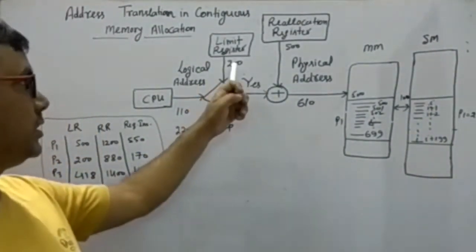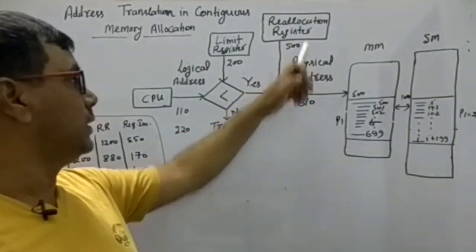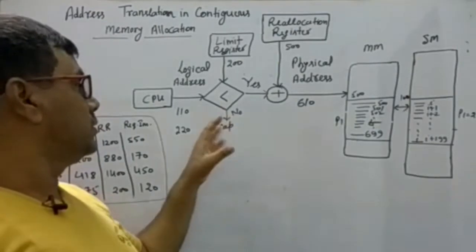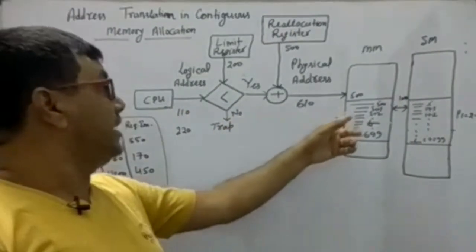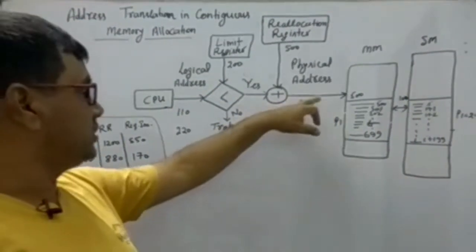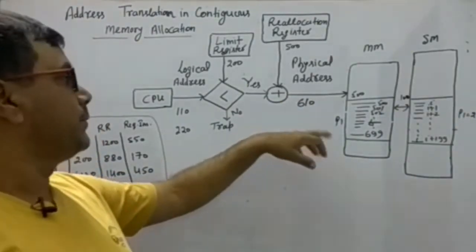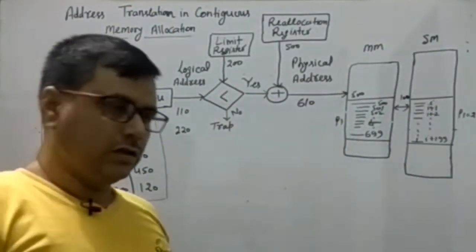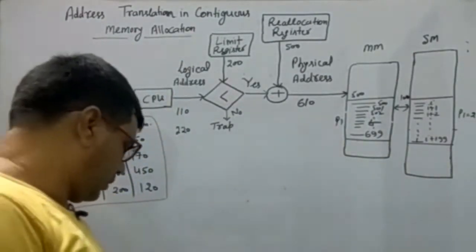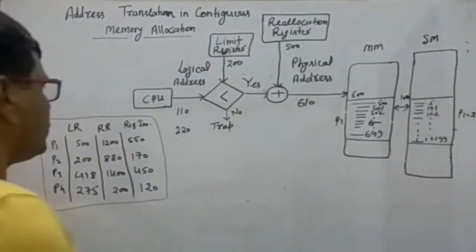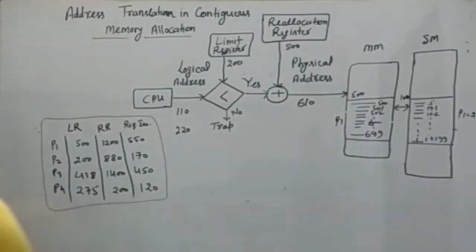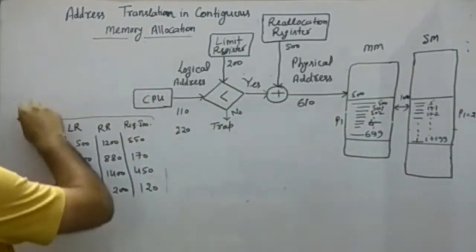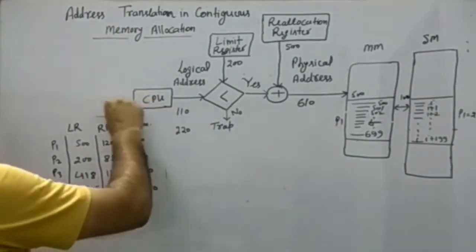The role of the relocation register is also very important, and it makes the address translations required for accessing particular instructions. And now we are just taking an example of which requests will be executed and which will not.